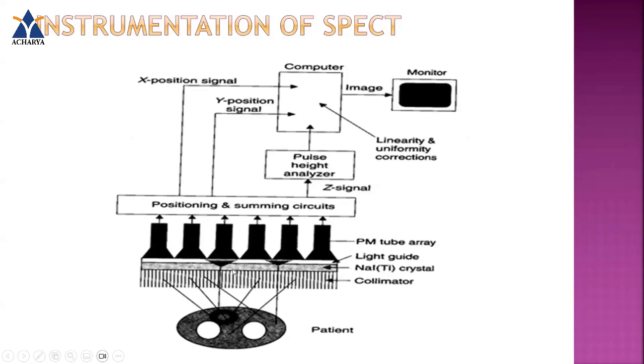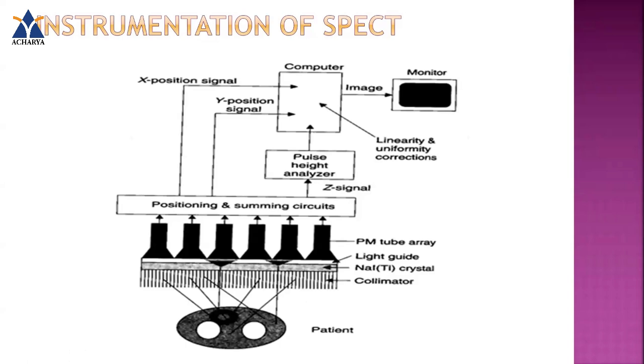Before that, there is a crystal called the scintillation crystal. We are mostly using the sodium iodide crystal. This sodium iodide crystal converts the gamma rays into light energy. That is the scintillation crystal. So the gamma rays from the patient body go through the collimator and reach the sodium iodide crystal, where the gamma rays are converted into light energy.